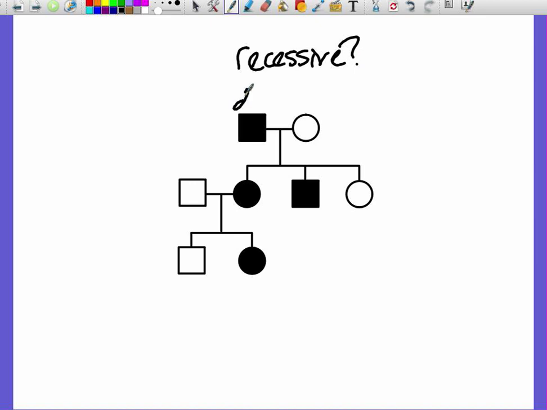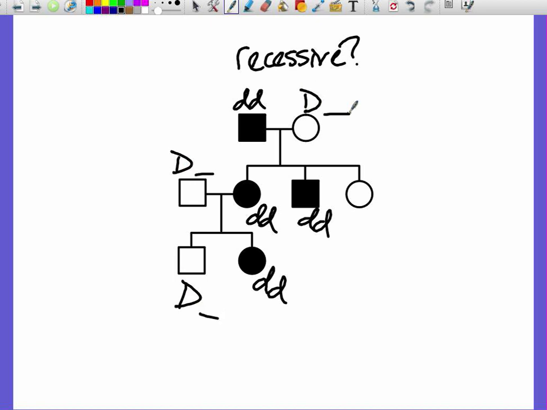Remember, all the affected individuals are going to have 2 recessive alleles, and all the unaffected individuals are going to have at least 1 dominant allele. We might be able to fill in more after the fact, but we'll have to see. So now I look at it and I see, oh yeah, grandma had to have given that recessive allele to 2 of her offspring, so she's going to have that lowercase d.